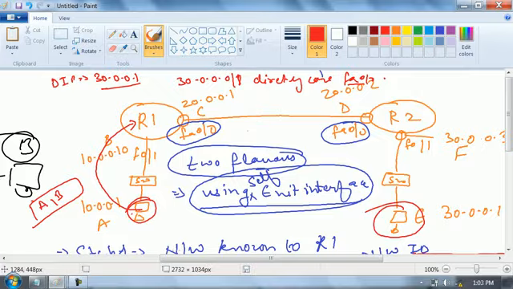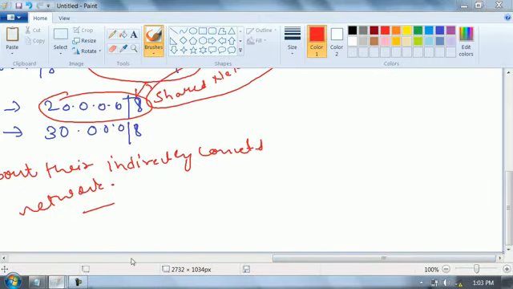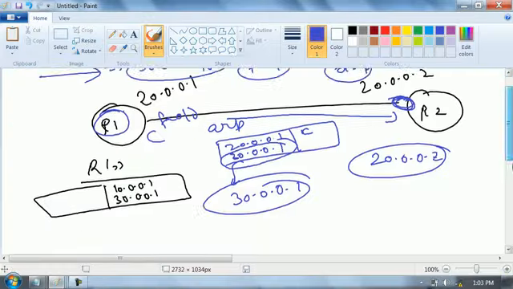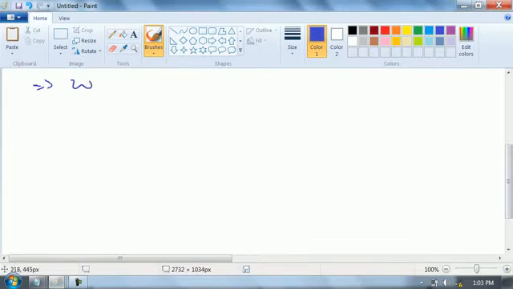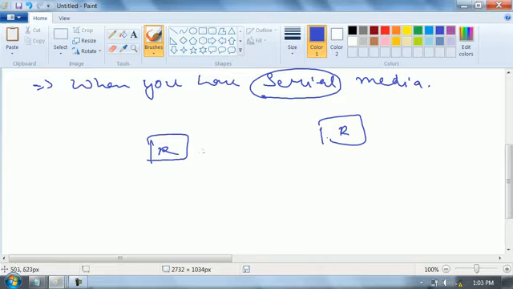So guys, this way is used. You always use exit interface when you are connecting routers by using serial media.